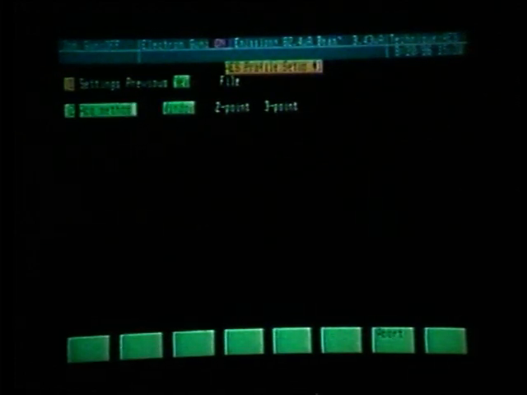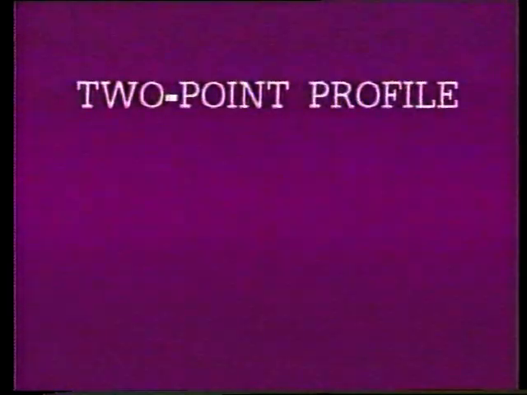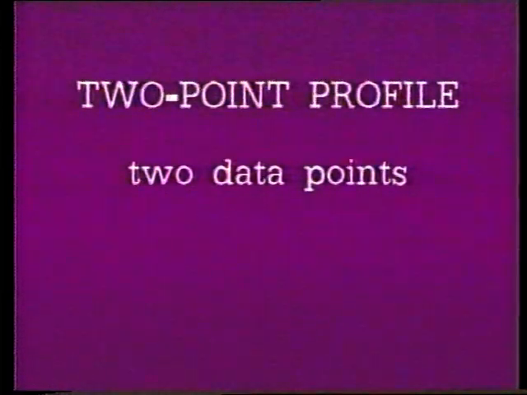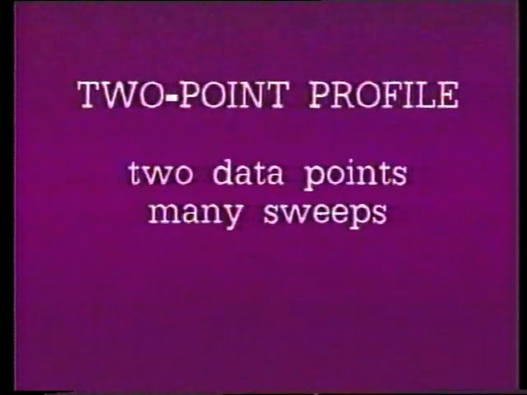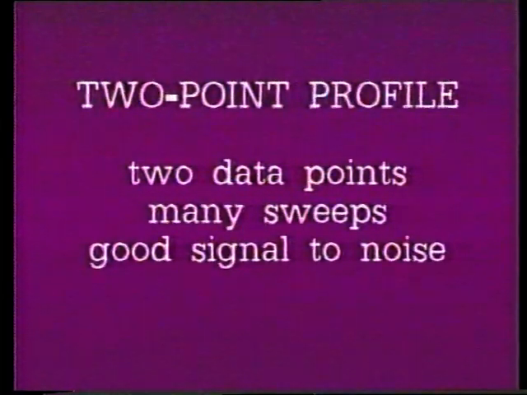The advantages and disadvantages are, with a 2-point profile, you are looking only at 2 data points. Thus, you can spend many sweeps and get good signal to noise. Whereas in a window, you are normally looking at several data points over a region.